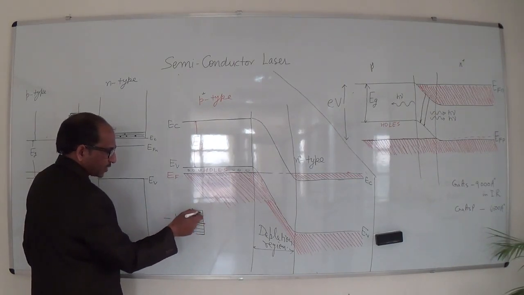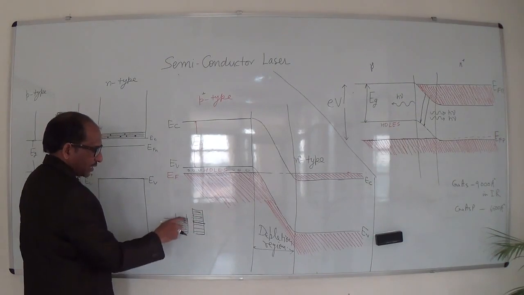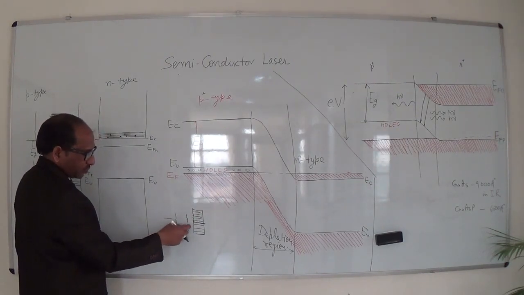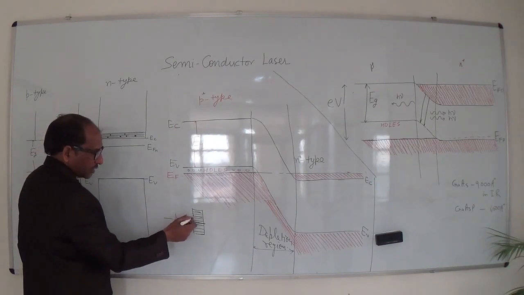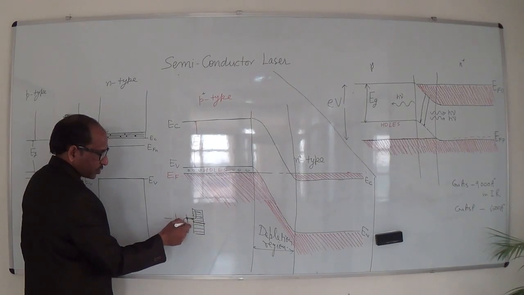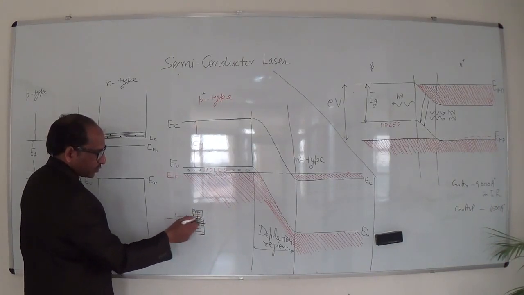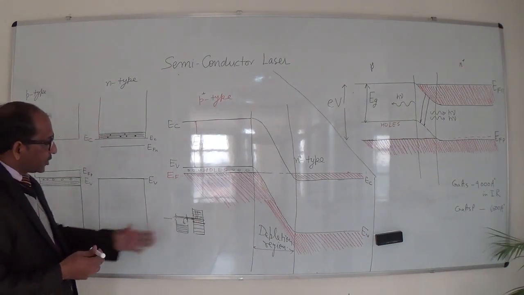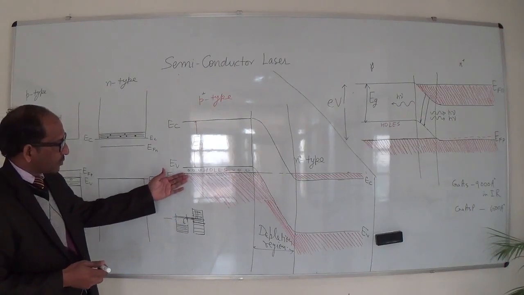When I join them with a pipe, the water flows through, and after some time it reaches the same level. So this example is used to explain the Fermi energy levels.